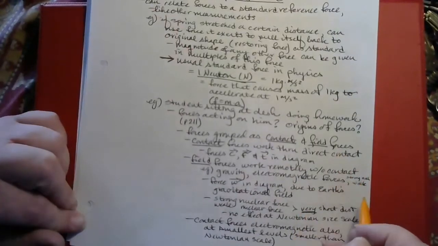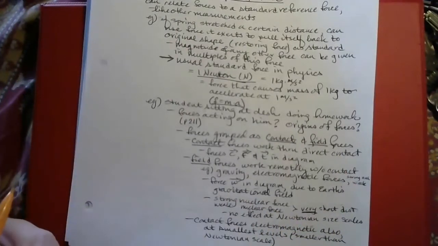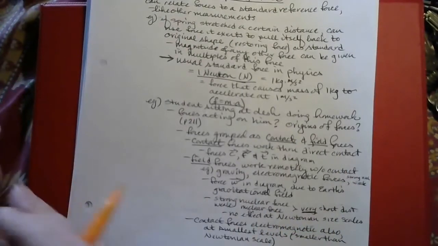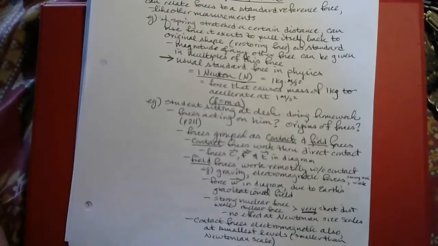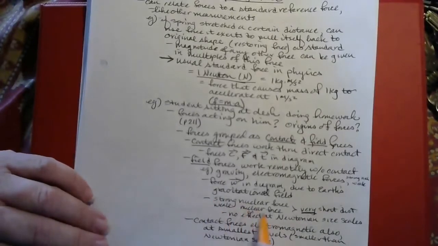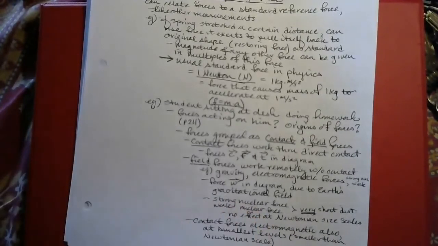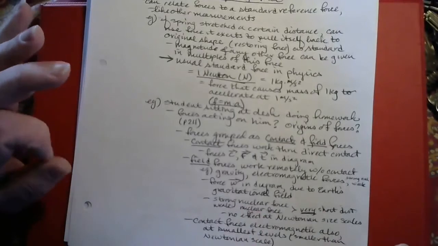The strong and weak nuclear forces operate only over a very, very short distance, within the nucleus of an atom. We don't consider the nuclear forces in any detail in this chapter, because they work at a scale much smaller than Newtonian scales.